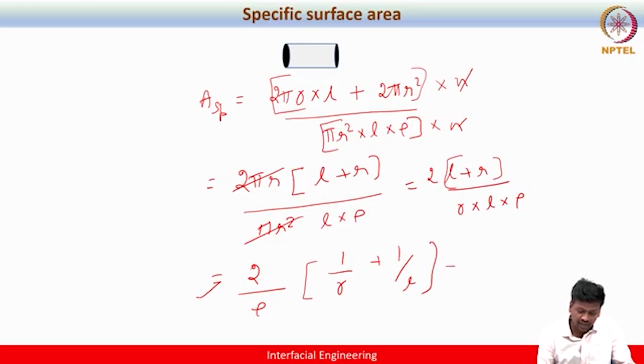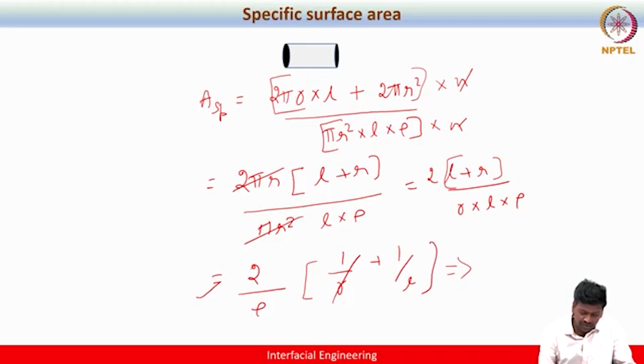For example, if you're dealing with a thin rod, maybe a cylindrical wire, the length will be important compared to the radius, because the radius will be too small. In that case, you can ignore this one.